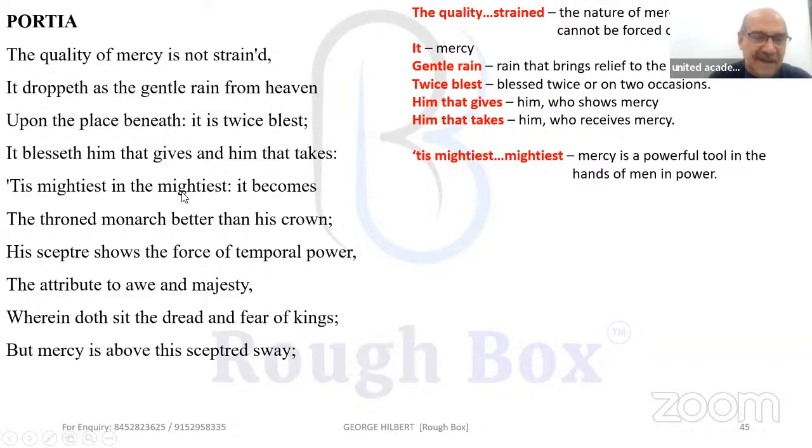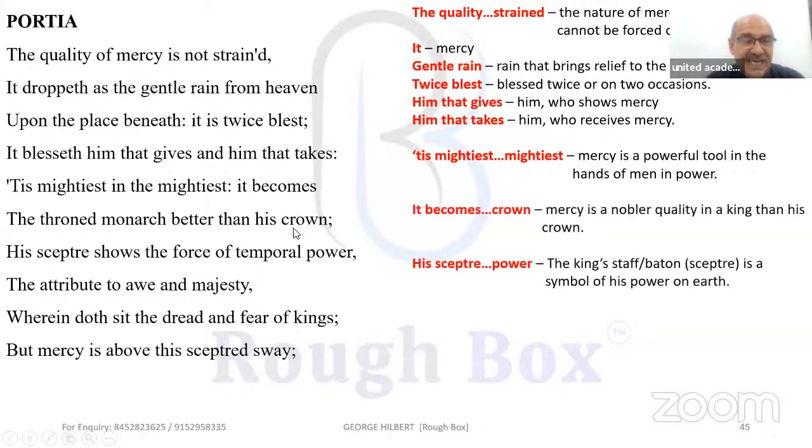How can mercy be a weapon? It becomes the throned monarch better than the crown. Mercy is of a better quality than the king's crown. Mercy is of a nobler quality in the king than his crown.